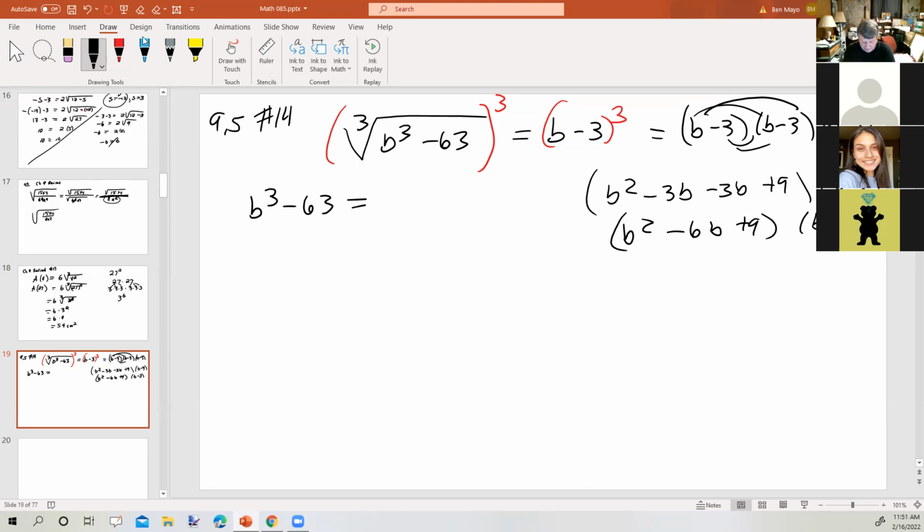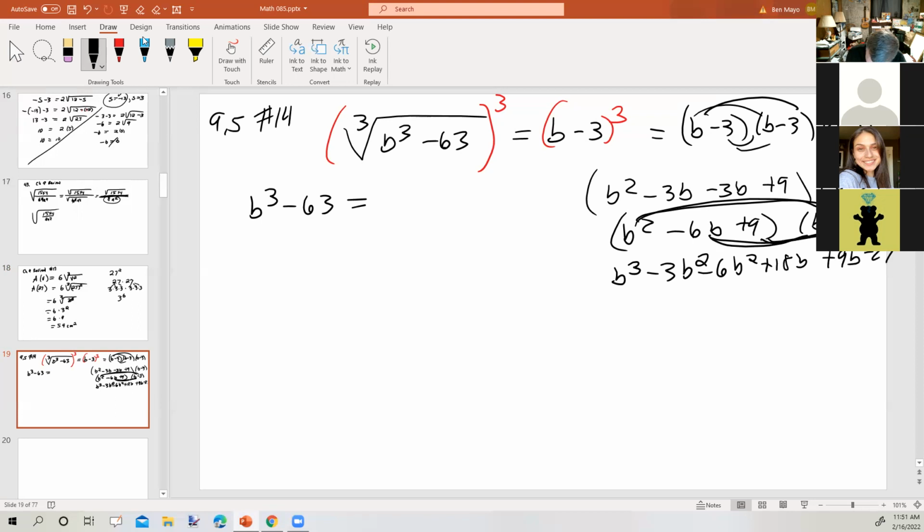So far, so good? Yep. All right. This is going to give us b cubed minus 3b squared minus 6b squared plus 18b plus 9b minus 27, which is b cubed minus 9b squared plus 27b minus 27.